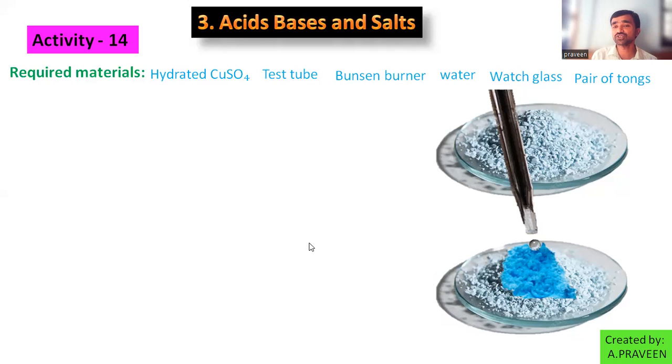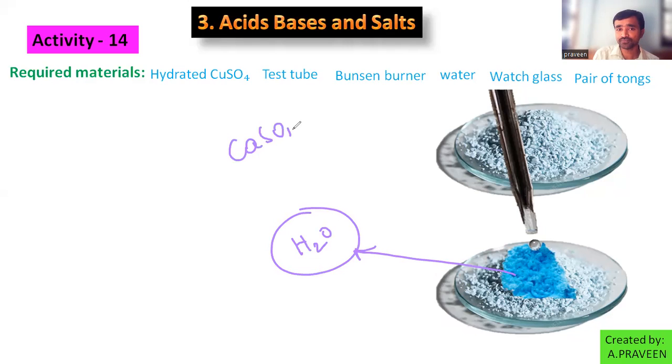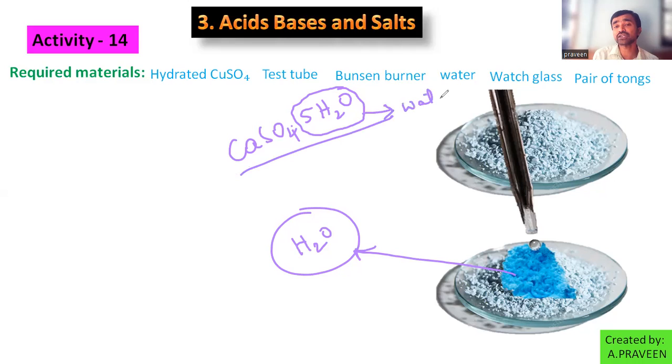This is because of the presence of water molecules. So this blue color is due to what? Presence of water. Actually, CuSO4 is present with water molecules, that is 5H2O. This number of water molecules present in the salt is called water of crystallization.